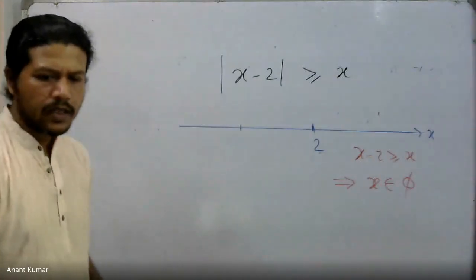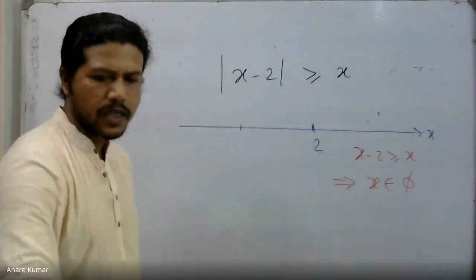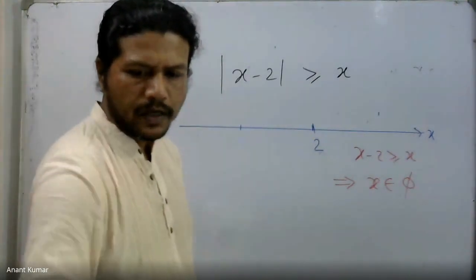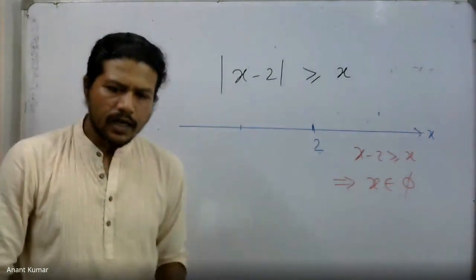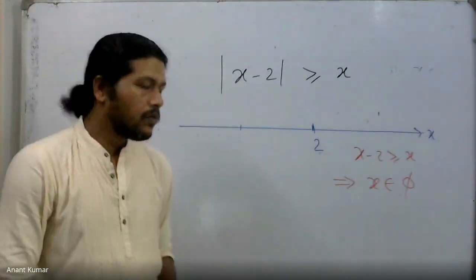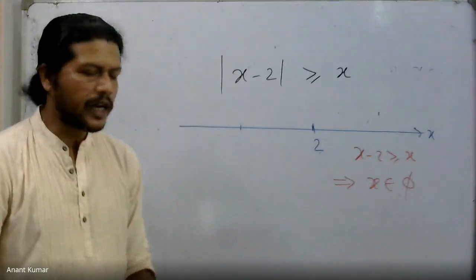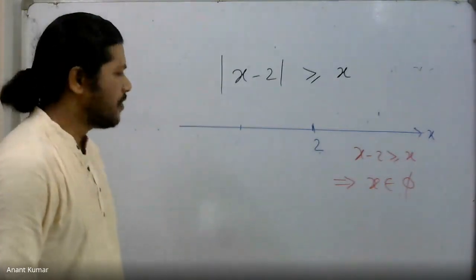On the other hand, if I just come to the other side, if I just again repeat, well, Devjyoti, I was just saying how to deal with inequalities involving only one variable, x, right now, if it contains a mod.